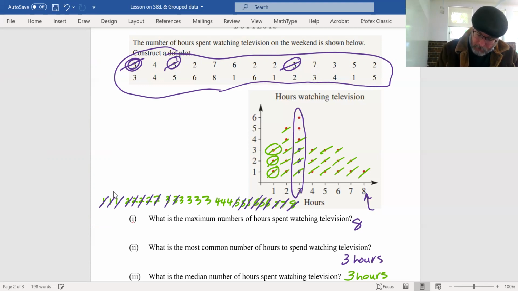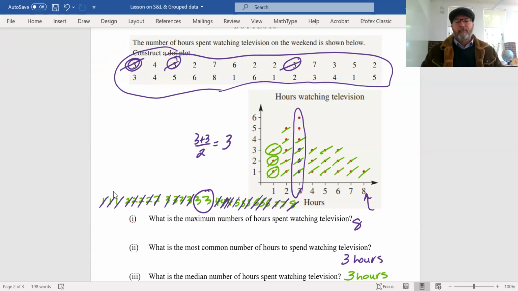Really, if I had two pens and the coordination, I would cross at the same time, and I'm left with those 2, 3 in the middle. And 3 plus 3 on 2, that's how you average out 2 numbers, is 3, obviously. But it's easy to do from the dot plot that's given there.